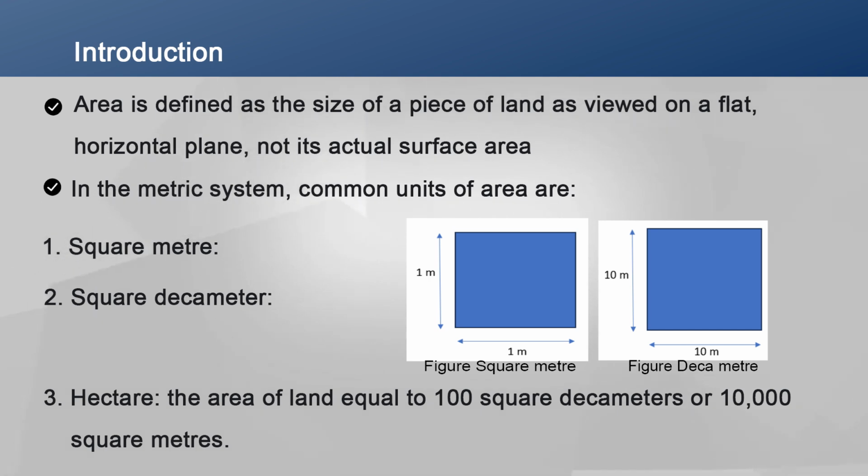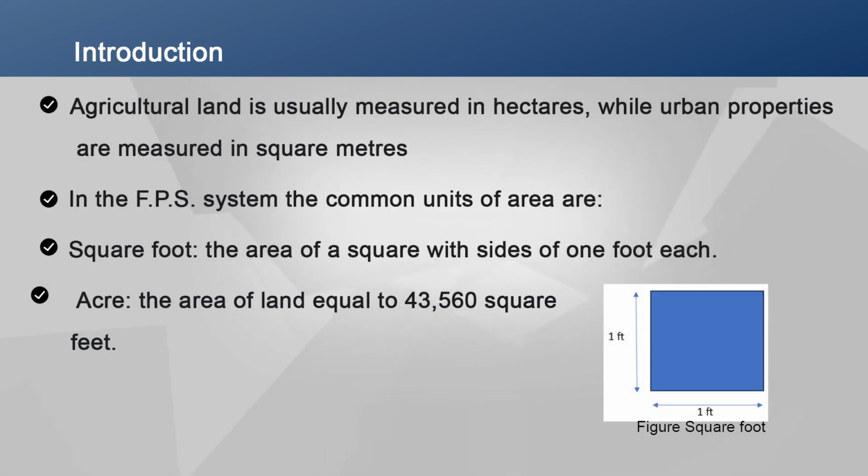Then square decameter is the area of a square with side length of 10 meters each. Then hectare. Hectare is the area of a land equal to 100 square decameter, or we can say 10,000 square meter. Generally, agricultural land is measured in hectare, while urban properties are measured in square meter or square feet.